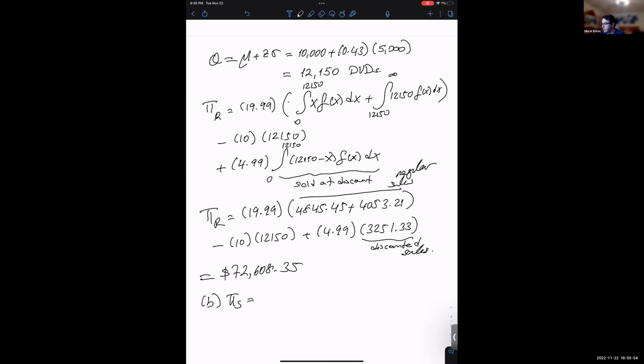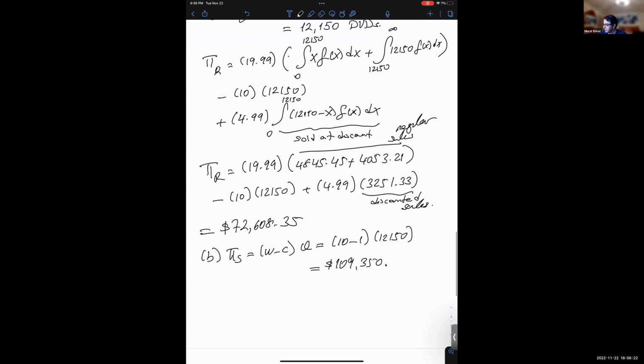Pi s is W minus C, the wholesale minus the cost, times Q. That's it. There is no buyback, nothing. So it's a very straightforward calculation. In this case, $10 minus $1 times 12,150 is $109,350. That is what the movie studio is going to make under this setting.